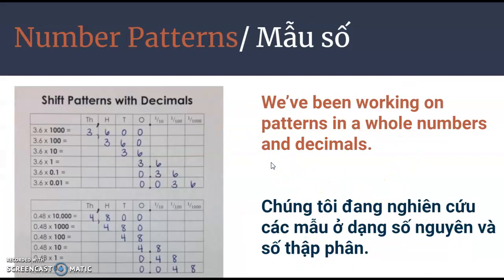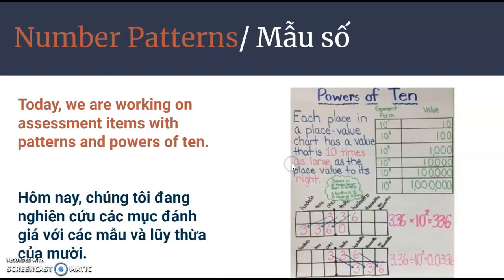Let's continue on. We have been working with whole numbers and decimals and looking at the pattern of using exponents with them. Today, we're going to work on assessment questions.